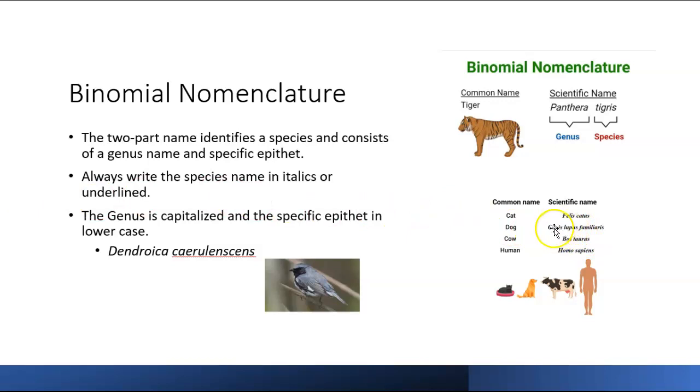Canis is the genus, lupus is the specific epithet. Canis lupus is the same as a wolf, so dogs are a subspecies. That's where familiaris comes in. That's the subspecies. So some names do have the subspecies included.